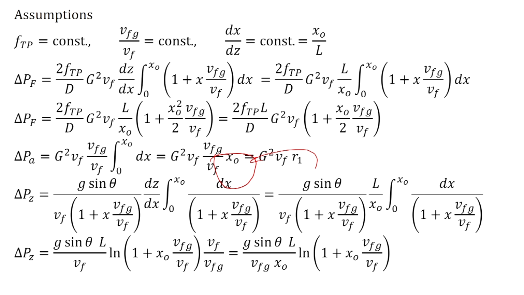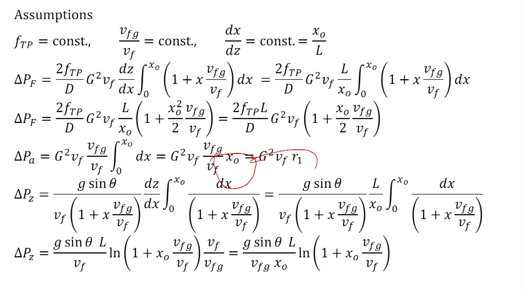And we also assume that dx by dz is equal to a constant, and it is equal to x naught upon L. This comes from energy balance by assuming that the heat flux is uniform, and then by doing a simple energy balance we get dx by dz equal to constant.